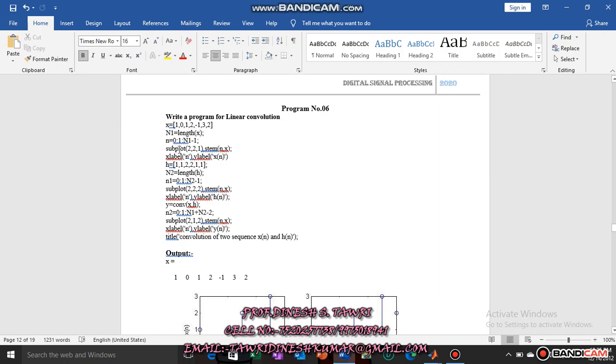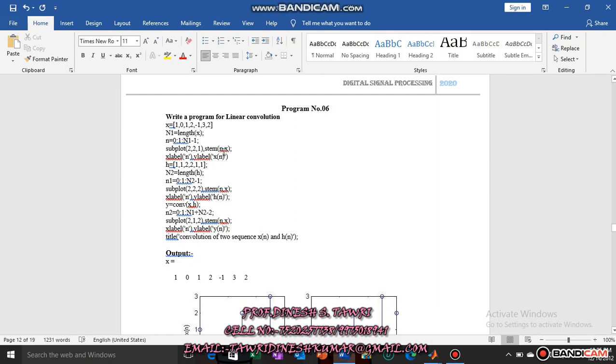So write subplot in round bracket 2, 2, 1. Here 1 indicates the first figure. Round bracket complete. After this round bracket you have to write a comma and then the stem syntax for the x sequence, written as stem in round bracket n comma x.